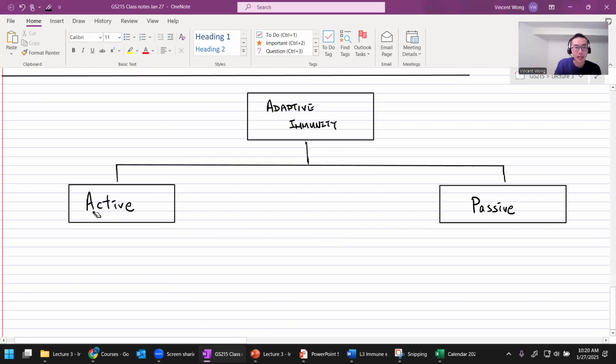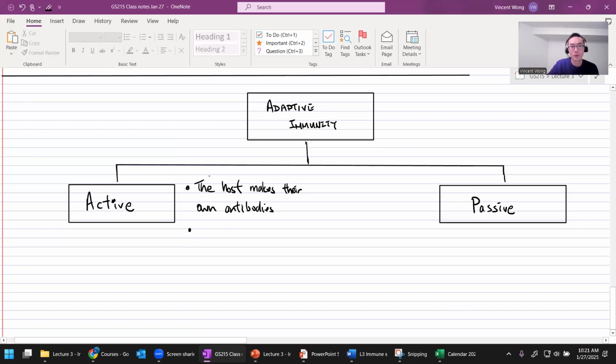Okay, back to here. Active immunity versus passive immunity. So what is active immunity? Active immunity means the host, you, the person who's being infected, makes their own antibodies.